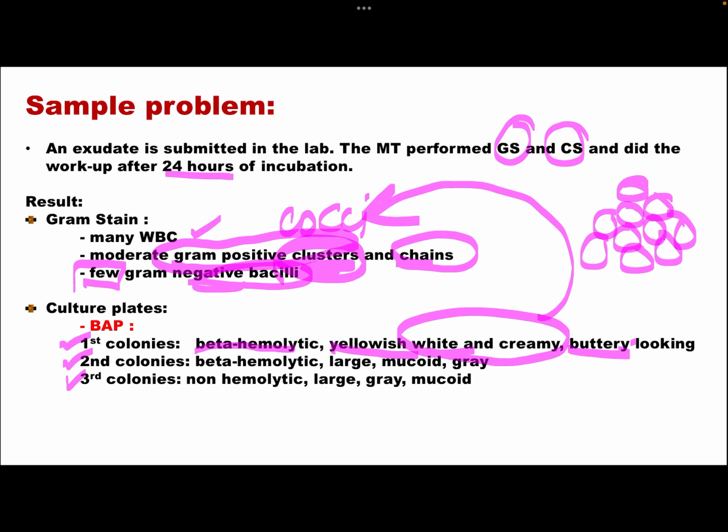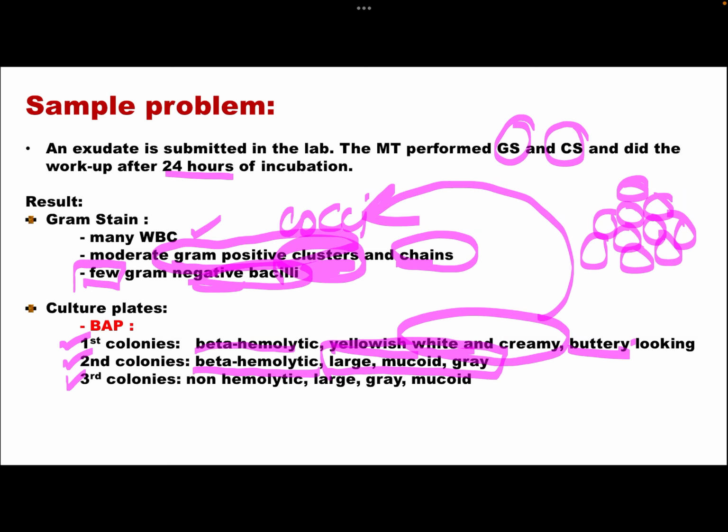For the second colonies, they are also beta hemolytic, but this time around, they are large, gray, and mucoid. In this case class, you have to remember that gram-negative microorganisms, but not all of them, are usually large, gray, and mucoid on blood agar plates.